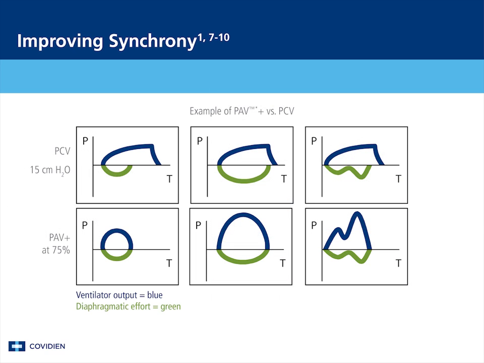It is easy to see the improvement in patient ventilator synchrony when comparing PAV Plus software to other ventilation modalities. This graph shows pressure versus time waveforms for PAV Plus software compared to traditional pressure control ventilation. During pressure control ventilation, the pressure output, shown in blue, is the same with each breath, regardless of patient effort, shown in green.